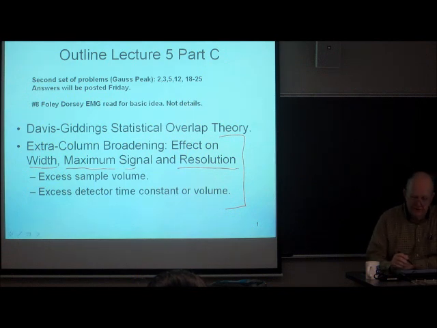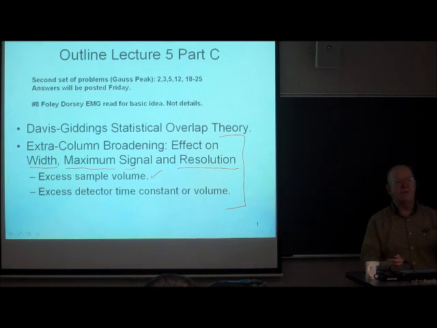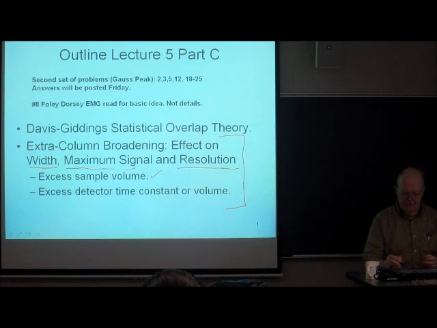And in particular, we're going to talk about two problems today. We're going to talk about what happens if you inject an excessive volume of sample, and what happens if your detector time constant or the size of the detector is too large.